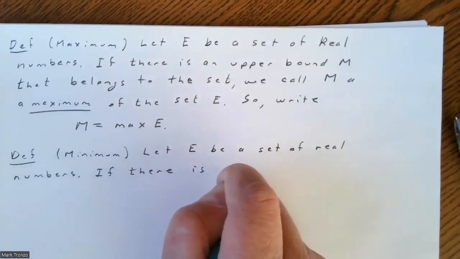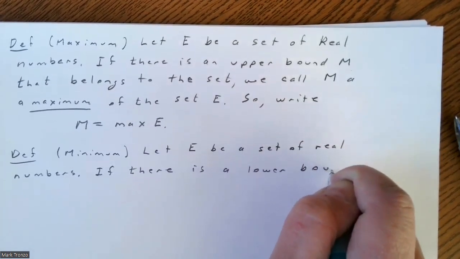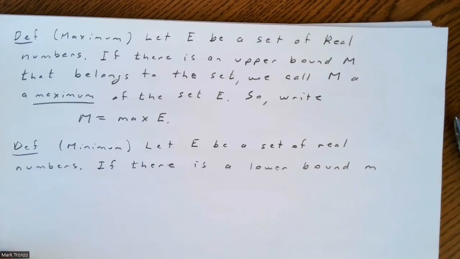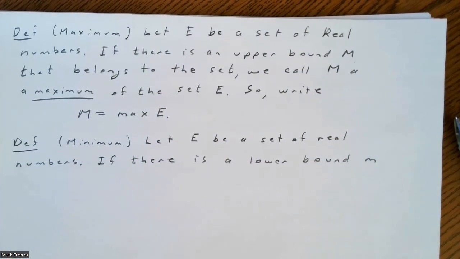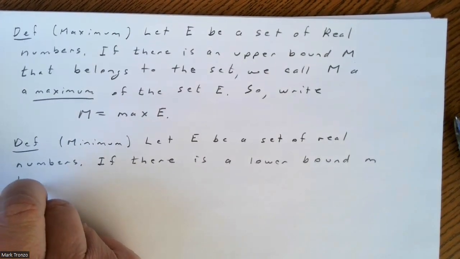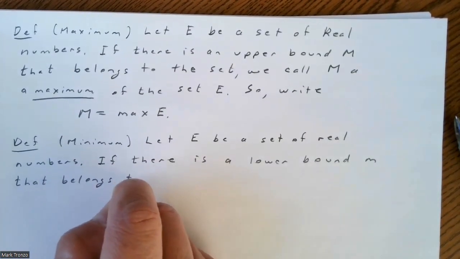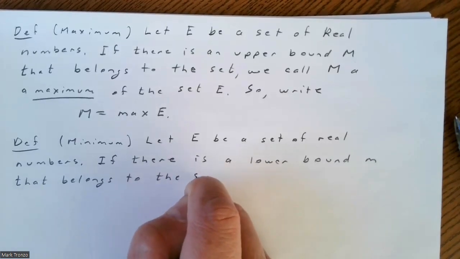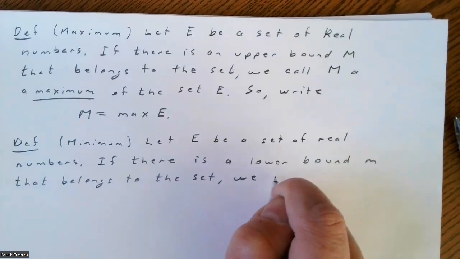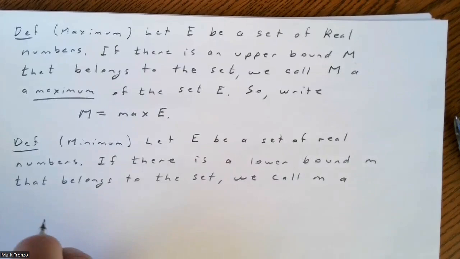If there is a lower bound, once again called small m, that belongs to the set, we call small m a minimum.